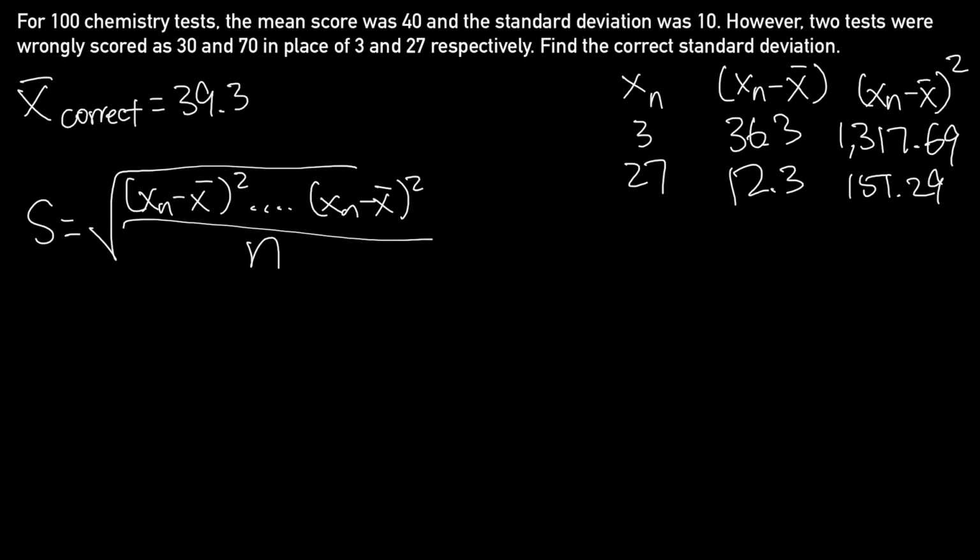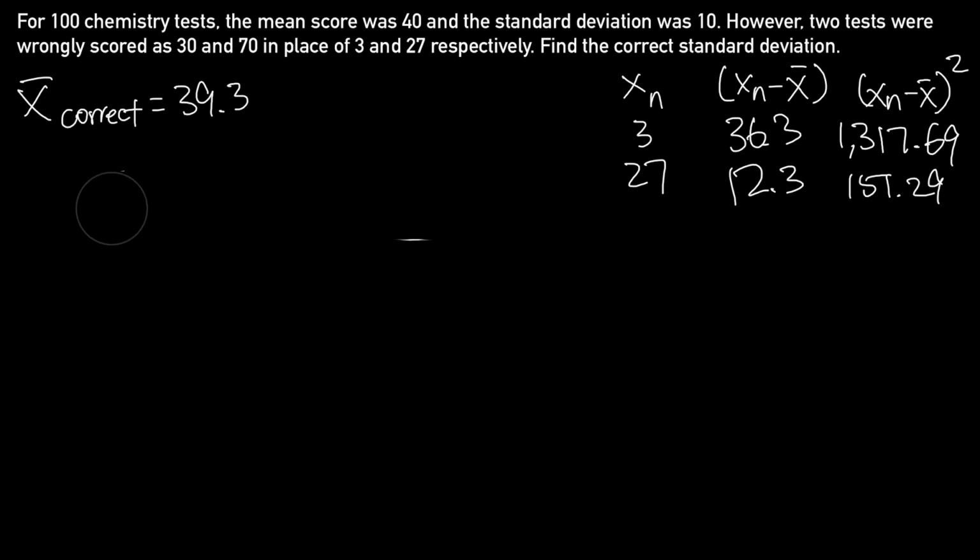So, yeah, we need to find the sum for all of the terms. Now, we don't know the incorrect sum of the differences between the term and the mean squared. We don't have the sum of that. So we'll have to derive it.